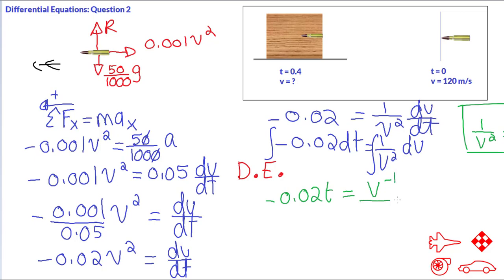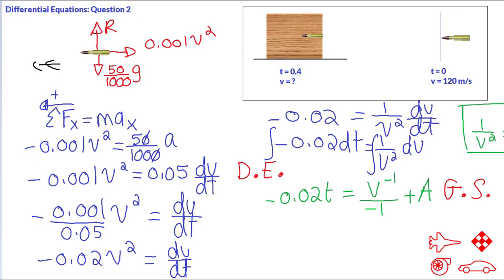So v to the minus 1 divided by minus 1 plus a. a is the constant of integration. You can clearly see from here that we now have the general solution. It's the solution that produces a family of curves. We have many values of a, and we can produce a family of curves. But we need to find the specific one for our problem.